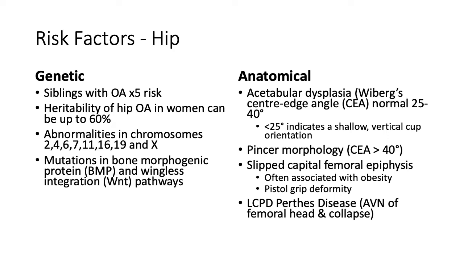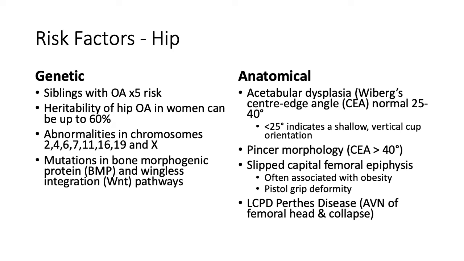There are certain genetic factors that will predispose to osteoarthritis in the hip, for example. It is known that there is a familial tendency and abnormalities in specific chromosomes.